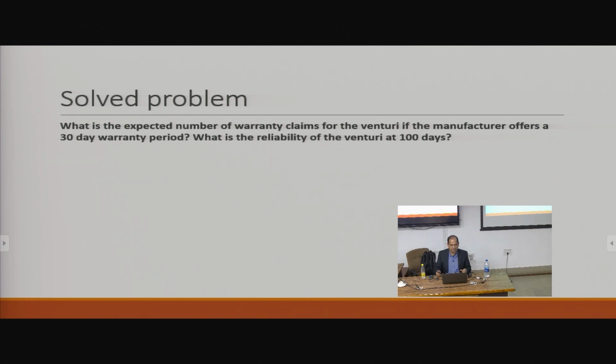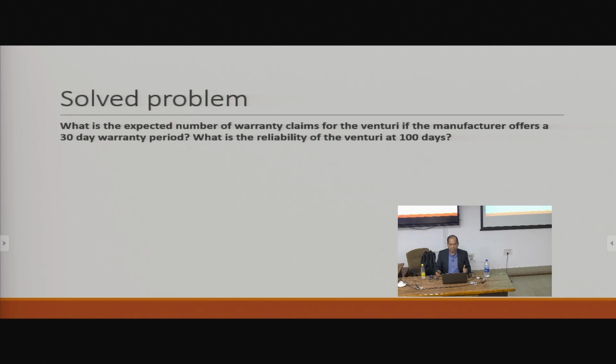So what is the expected number of warranty claims for the Venturi if the manufacturer offers a 30-day warranty period? Another question is, what is the reliability of the Venturi at 100 days?